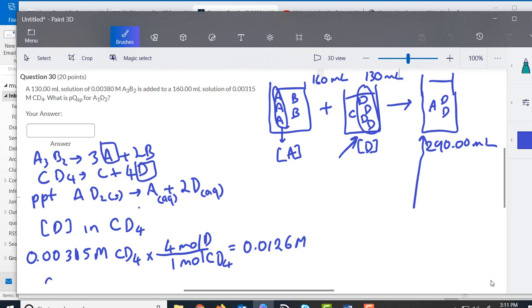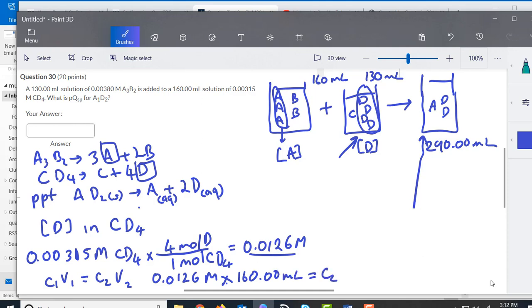Now we need to work on the concentration once it's diluted. So what we do is we take the 0.0126 molar, again this value here, and we multiply it by the volume, which is 160.00 mils. That's the initial volume.